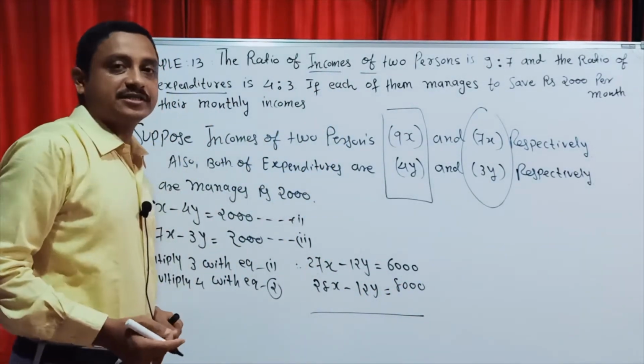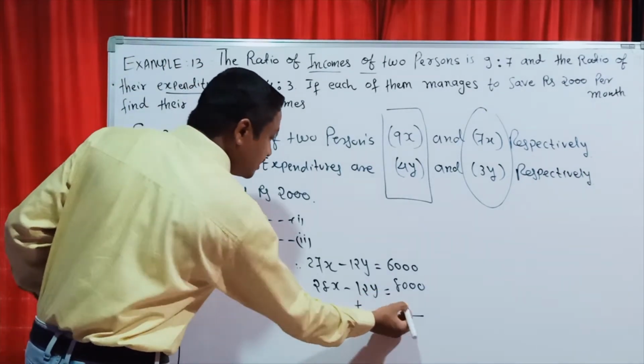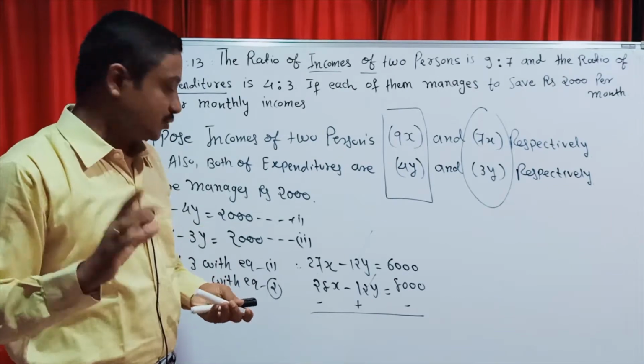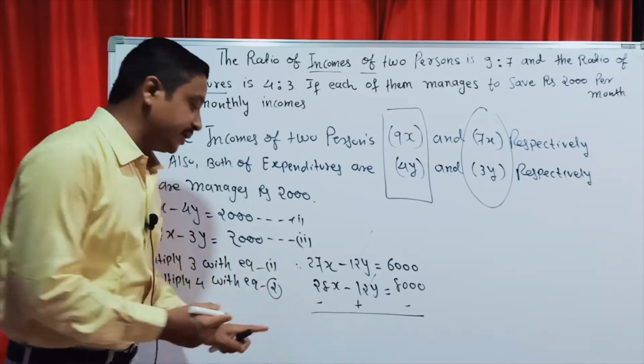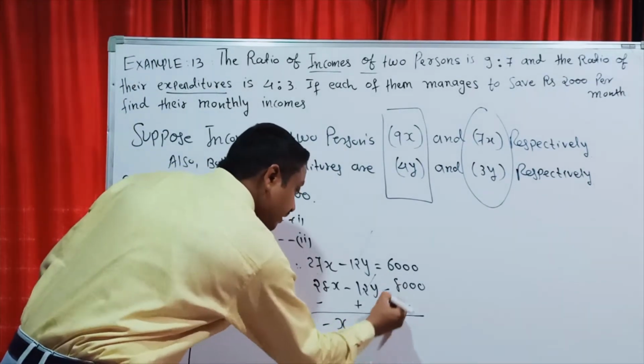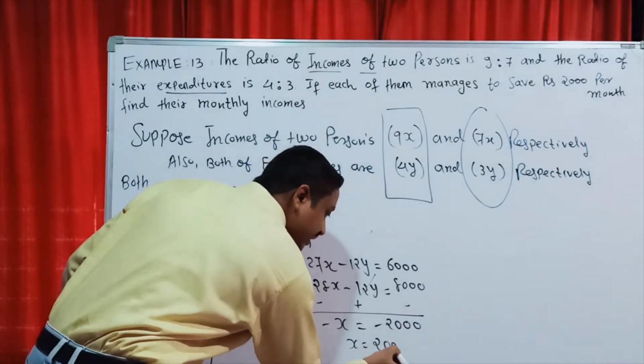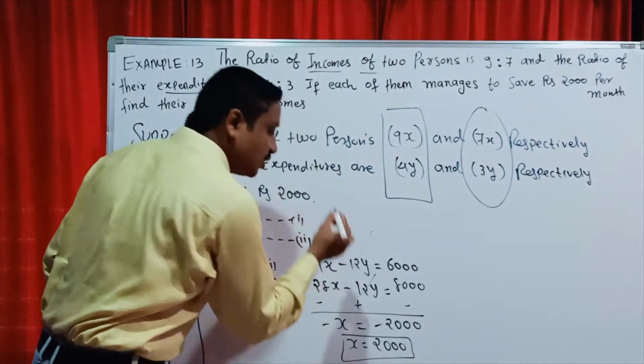Now I subtract, and the 12y is easily removed. Now 27 minus 28 gives minus x, and 6000 minus 8000 is minus 2000. So x is 2000.